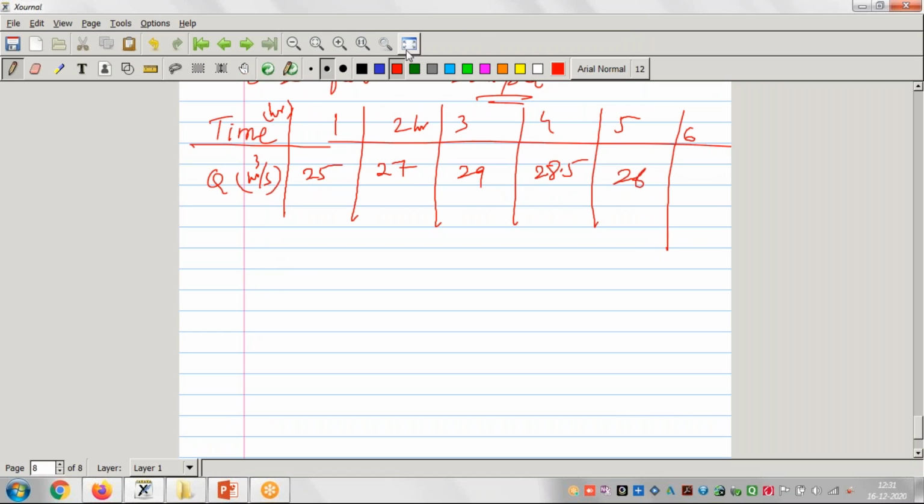So first of all, I will take the x-axis and y-axis.